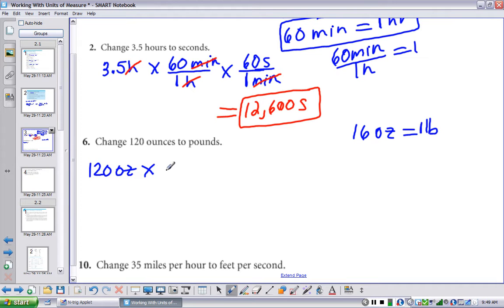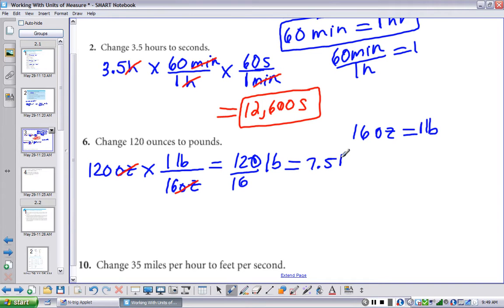Now I need to cancel out my ounces, so I need to call this 1 pound over 16 ounces so that I can cancel out my ounces. And what I have here is 120 over 16 pounds, which is 7.5 pounds.